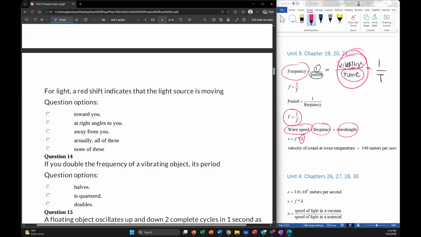Redshift when the source is moving away from you, and blue shift when the light source is moving toward you. Because we have a redshift here, redshift is going to be away from you. This is how we define it. When the source is moving away, the frequency will decrease, but the wavelengths will increase.